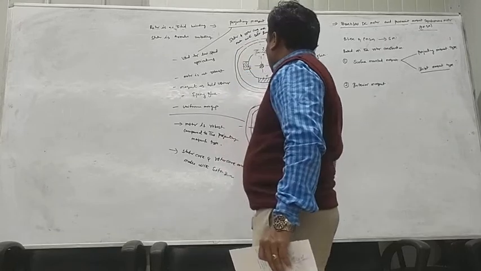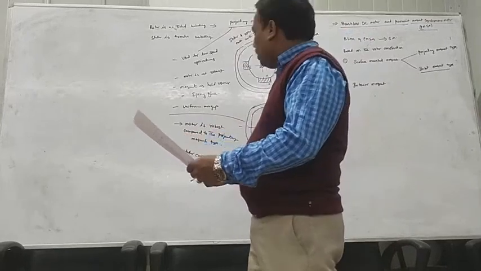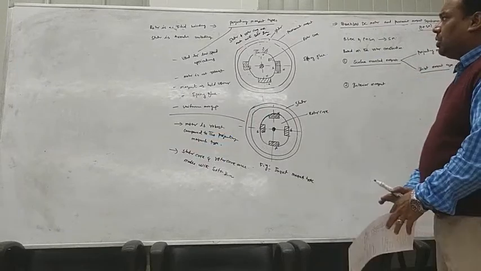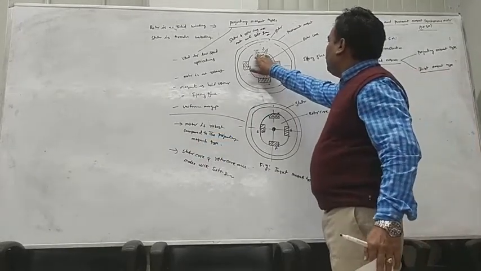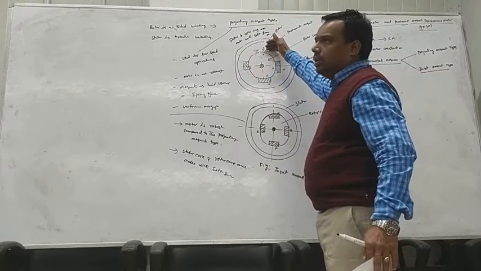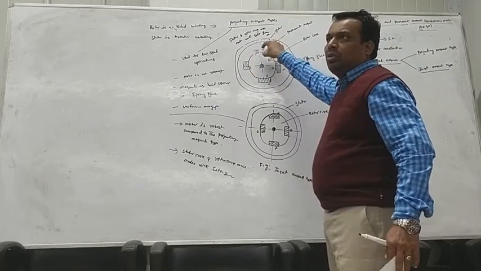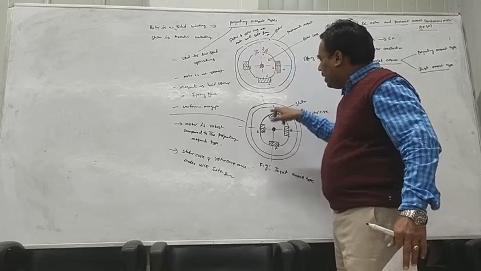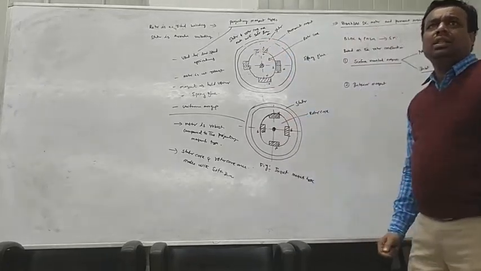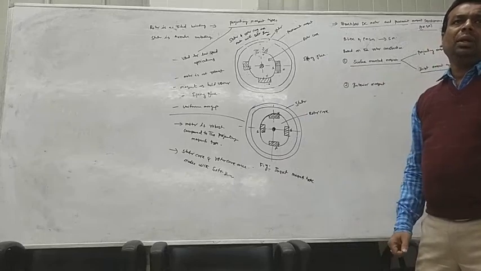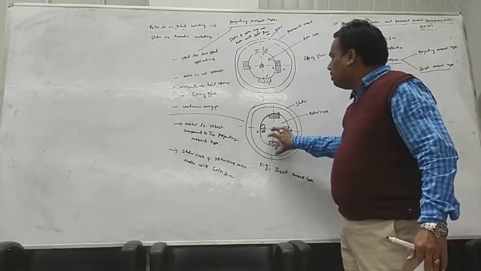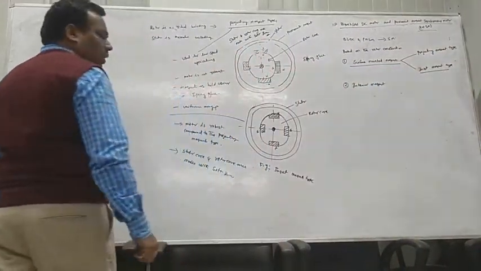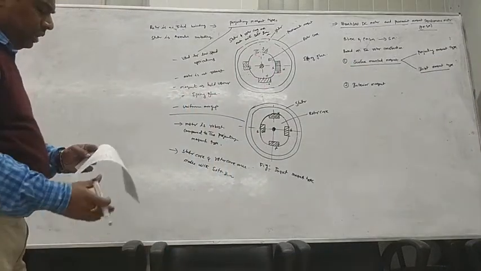So this is about surface mounted magnets. In the projecting type, on the rotor outer surface, by using epoxy glue, you are attaching the magnets to the rotor core. But here, inside of the rotor we are attaching the permanent magnets, so this construction is robust with respect to the projecting type. And the rotor core and stator core are made with soft iron material.